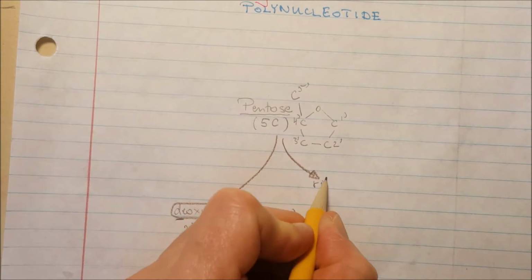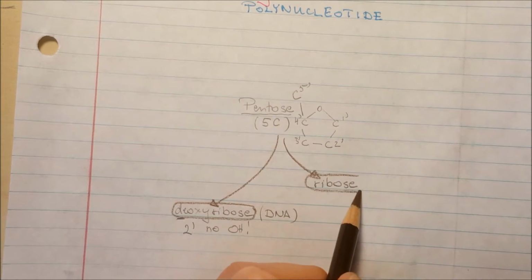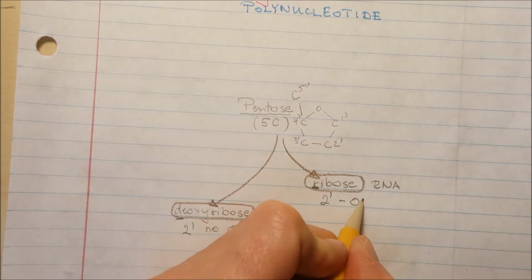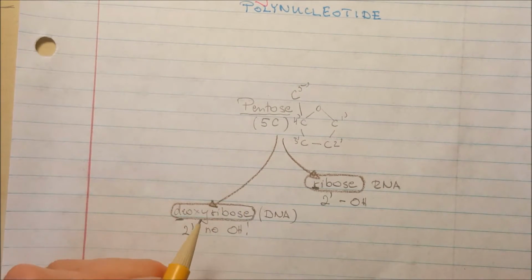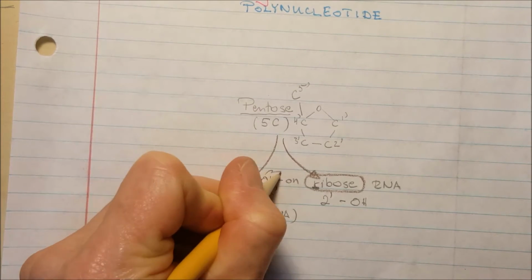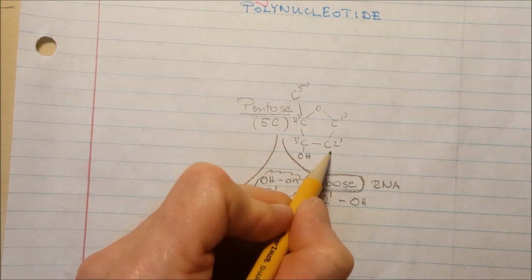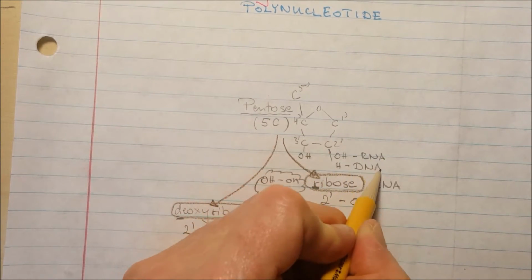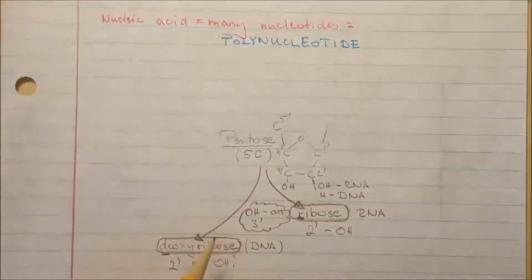This is really the difference. For the ribose, that is part of the RNA, the second prime carbon contains the hydroxyl group. Both deoxyribose and ribose contain a hydroxyl group on the third carbon.